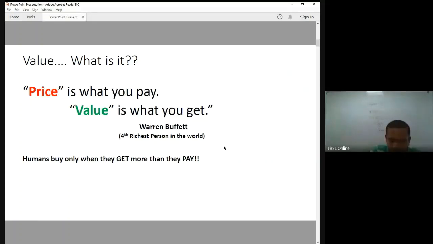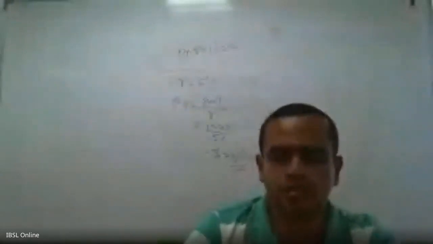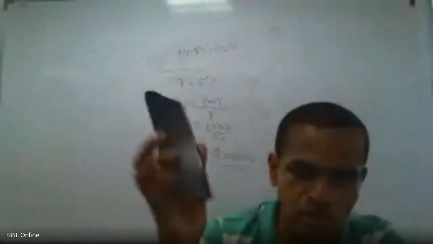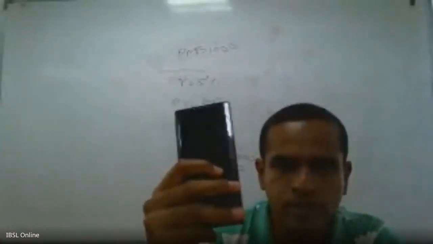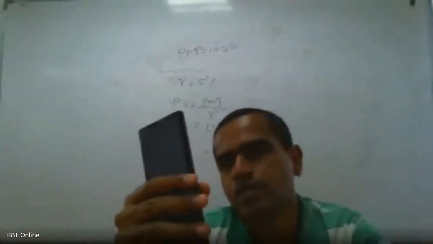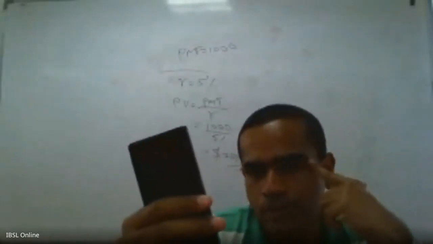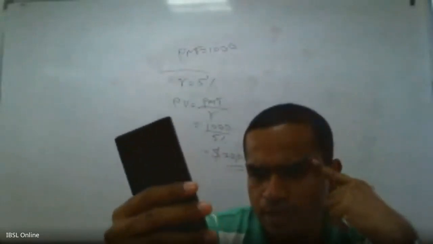For example, this is my phone. Now, if this phone was priced at, let's say, sorry, I'll use another example. This pen, the marker.